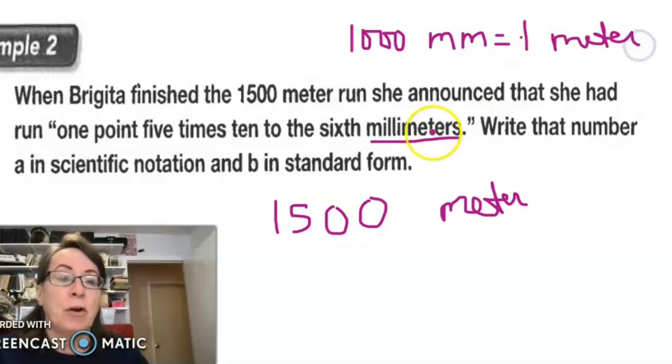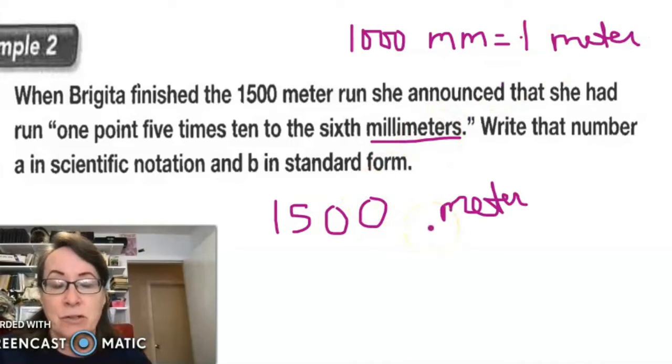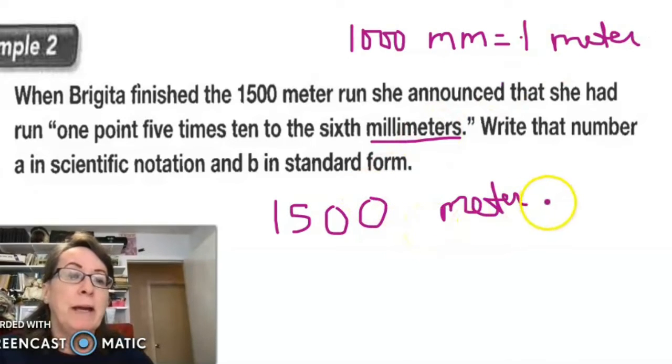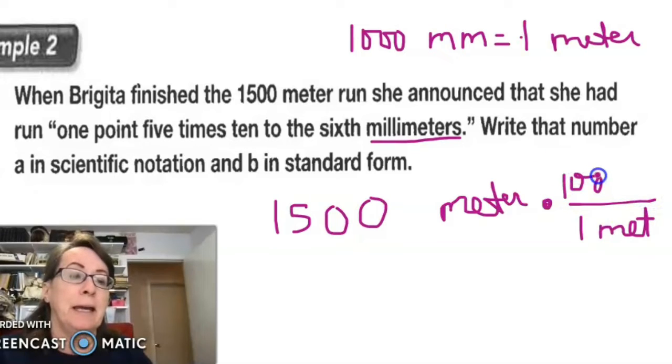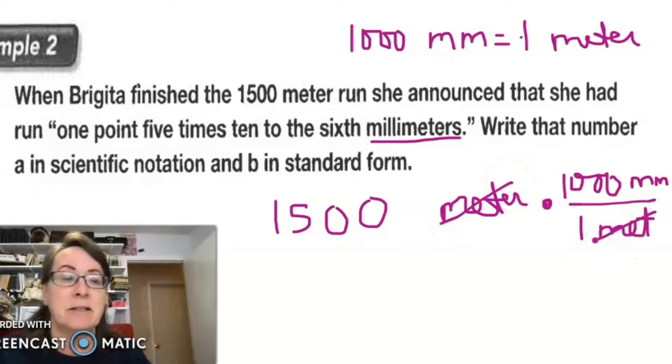Okay, so in order to get from meters to millimeters, we would multiply by 1 meter on the bottom of this conversion, and 1,000 millimeters on the top, because remember, we always want to make our units cancel. So now meters is on the top, meters is on the bottom, and they cancel.